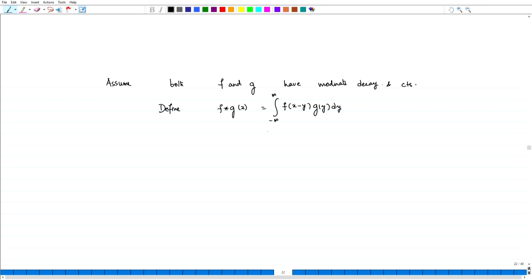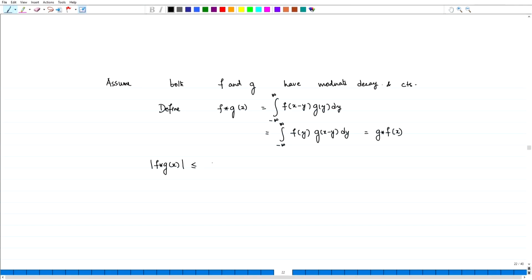Now, by the change of variable with the Riemann integration that we have seen, I can write this as g of x minus y dy, which in a sense you can also write as the convolution of g and f at x. Now, both f and g have moderate decay. One would like to ask whether the function f convolution g also has moderate decay or not.